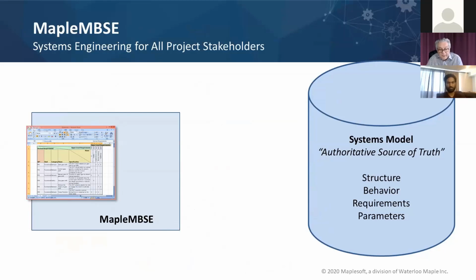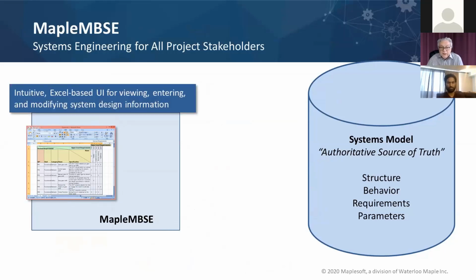So what we are providing with MapleMBSE is effectively an interface between the Excel user interface and the systems model. As far as the end user is concerned, all they see is a tabular view of the information from the model, but served in a way that is specific to the task that they're working on.